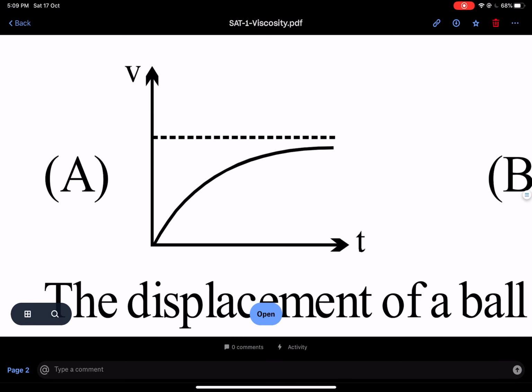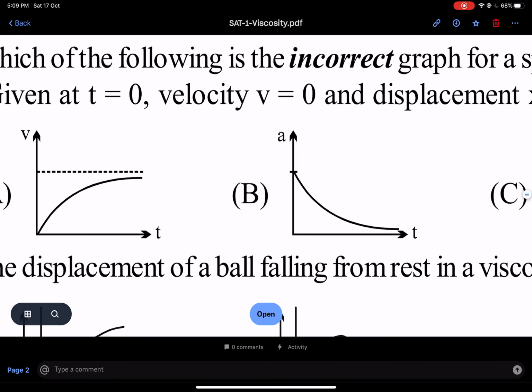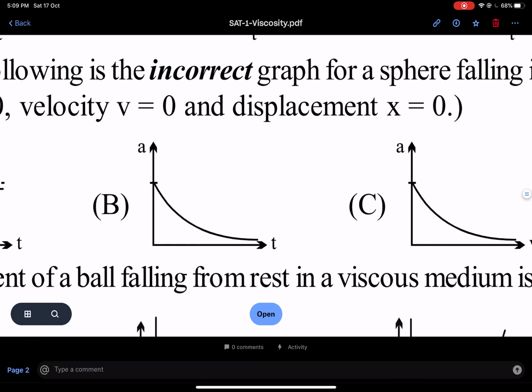Just now I explained velocity will increase, but the rate at which it is increasing is decreasing, because the acceleration is decreasing, because the net force is decreasing, because the drag force is increasing with the velocity, which is caused by the driving force. Again, initially there is an acceleration, but slowly the acceleration keeps decreasing over time until it becomes zero.